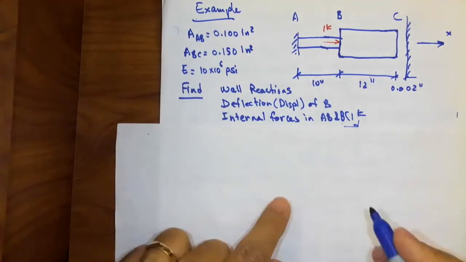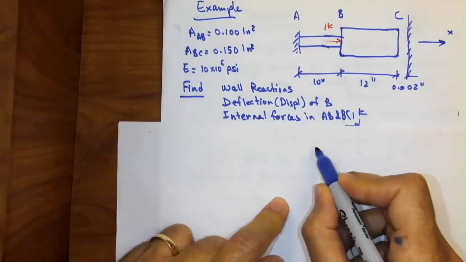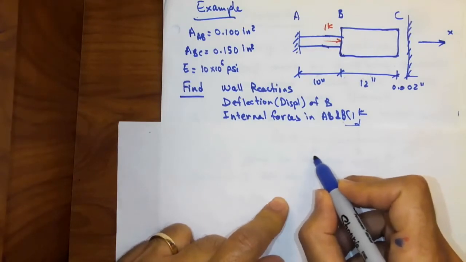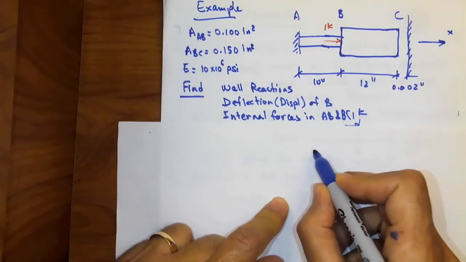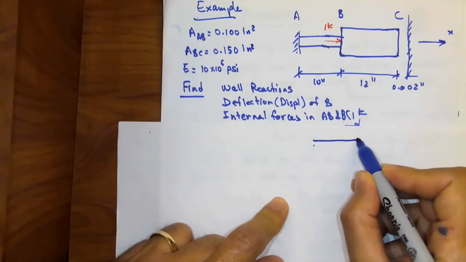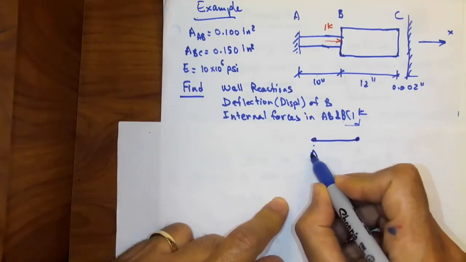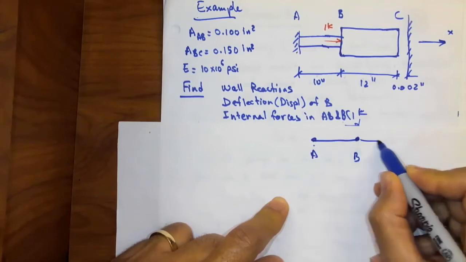Now, if that's the case, I can draw a simple schematic here. This represents AB, and this is BC.